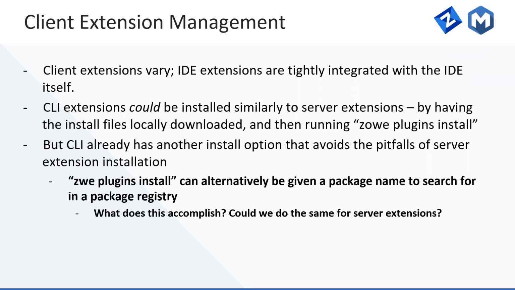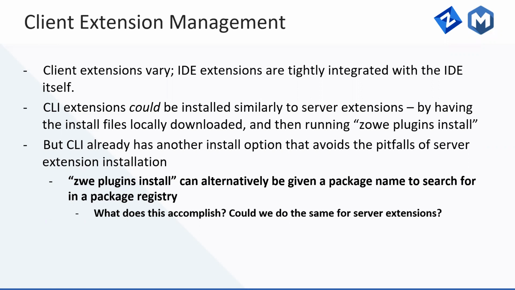So the way in which extensions in the client space work varies to be whatever best fit there is. But in the case of the CLI, you see at the very least that it comes from a similar point of view as the server side, in that you can have an archive or a folder and install a plugin. There's a command here, Zowe plugins install, that you can use for that.